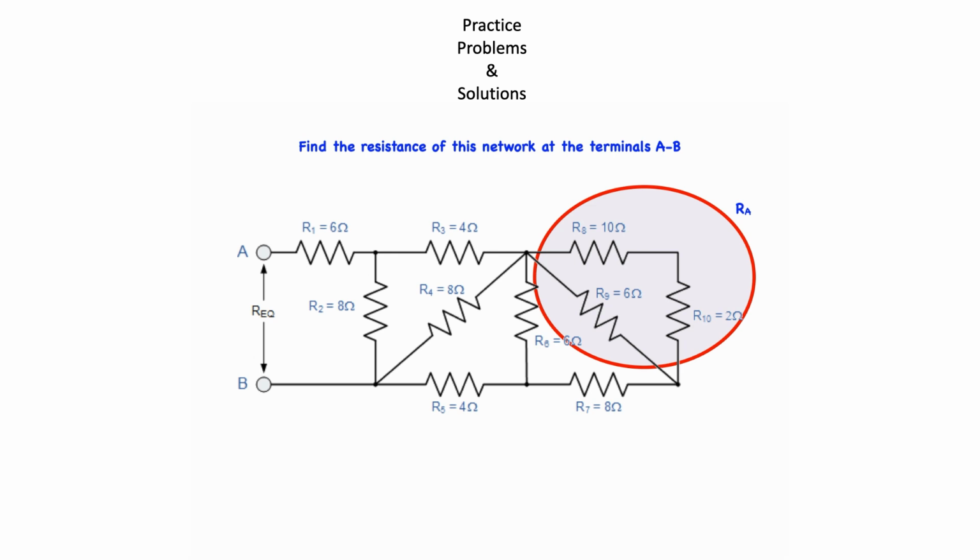That means that RA is equal to R9 times the quantity R8 plus R10 divided by the sum R9 plus R8 plus R10, or 6 times the quantity 10 plus 2 divided by the sum 6 plus 10 plus 2, or 4 ohms.